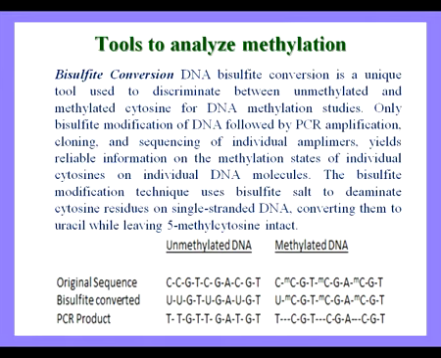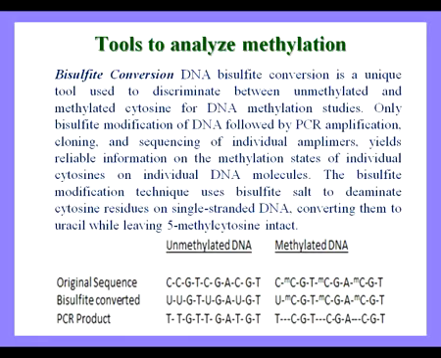So, bisulfite converts cytosine into uracil, and when we do PCR, that is polymerase chain reaction, uracil is converted into thymine, not converted actually, it base pairs with the thymine during replication. So, by sequencing them again, we can differentiate the methylated cytosine and unmethylated cytosine. So, this bisulfite sequencing is the only reliable method to find out the methylation pattern of the DNA.